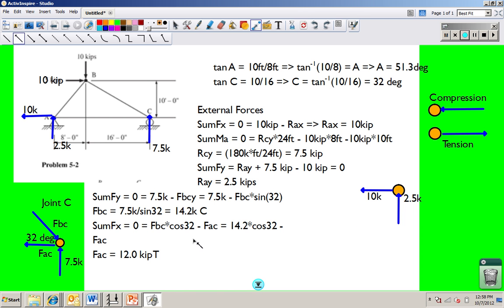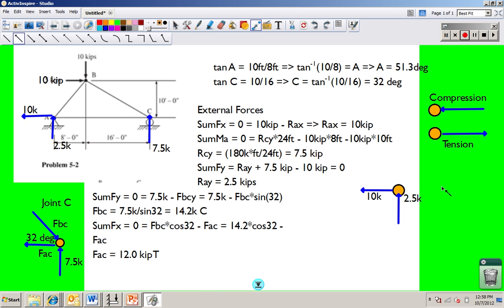Something seems, oh, I've left a force off, that's what's wrong. Okay, then I also have, I got FAC was 12 kips in tension.